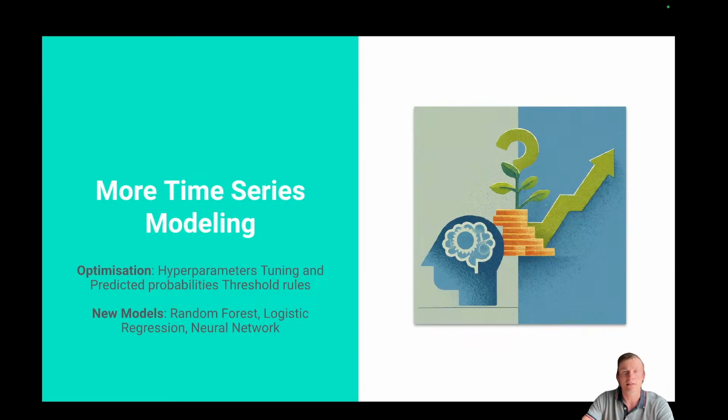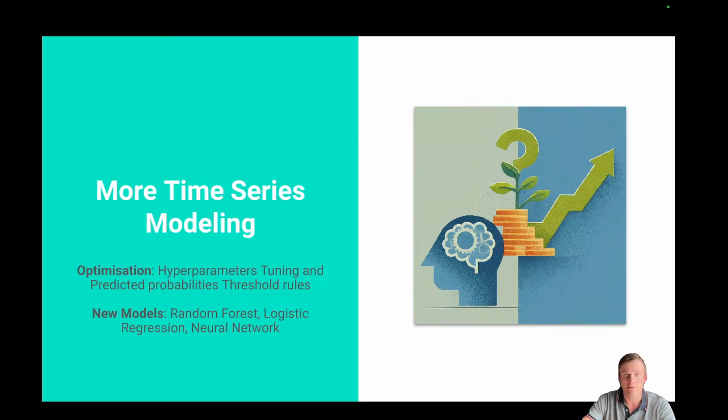So now let's talk about time series modeling, and on top of the first executions of the Decision Tree Classifier that we had previously, we will add an optimization layer that is tuning hyperparameters and predicting probabilities and defining threshold rules on the predicted probabilities.